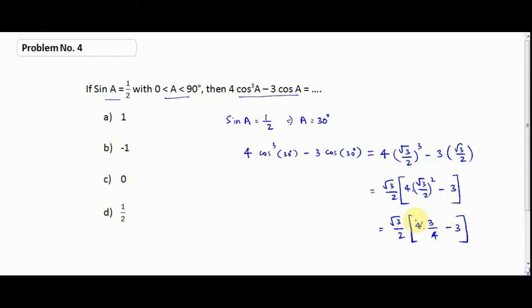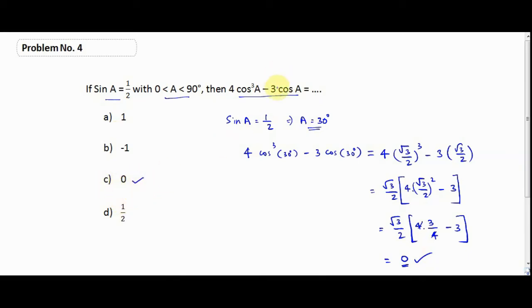So inside the bracket, what we have is 3 minus 3. So that is 0. So this entire expression will reduce to 0. So the value of 4 cos cubed A minus 3 cos A with A equal to 30 degree will be nothing but 0. So here the right answer is given by option C, that is 0.